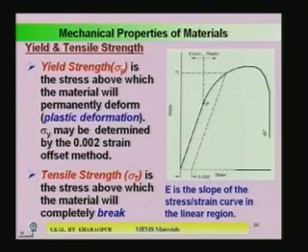The left side of point P, where the linear nature of the stress-strain relation is valid, is known as the elastic region. That means the material's elastic behavior is maintained, but as soon as you exceed the point P, the behavior is plastic.